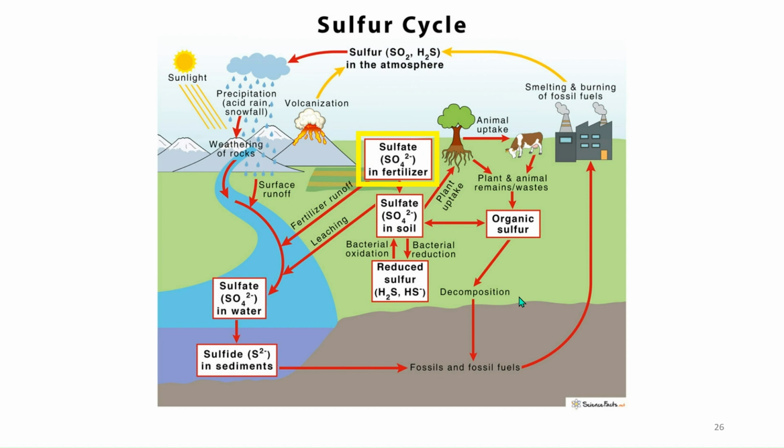And this is important to us as well because we use sulfate as fertilizer. Fertilizer sulfate needs to be the form that's taken up by plants. We also put a lot of sulfur into the atmosphere ourselves through industrial processes such as burning fossil fuels.